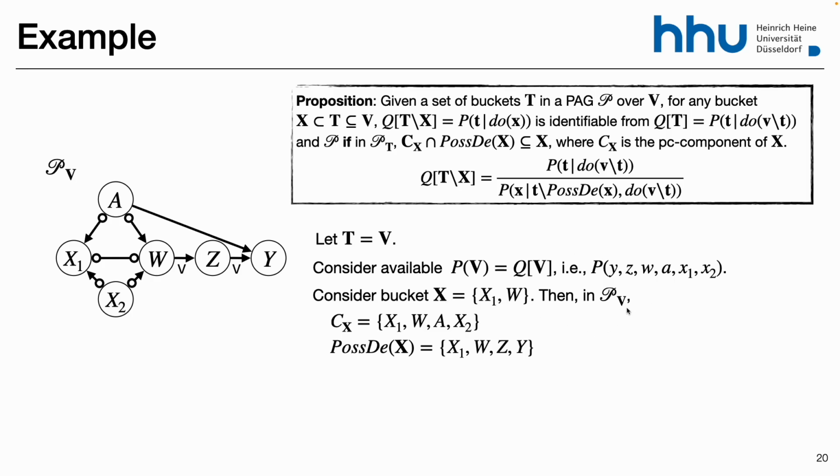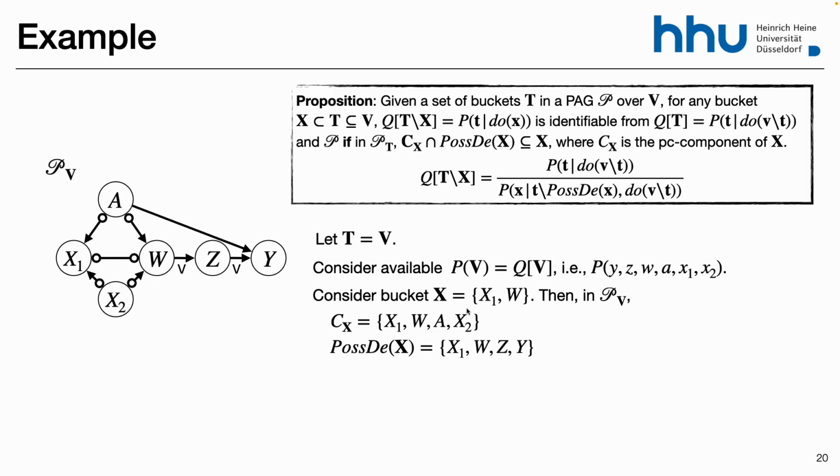Assuming that T is equal to V, just to make it simple, we want to identify P of T given do X, where T is equal to V and our X is this bucket.